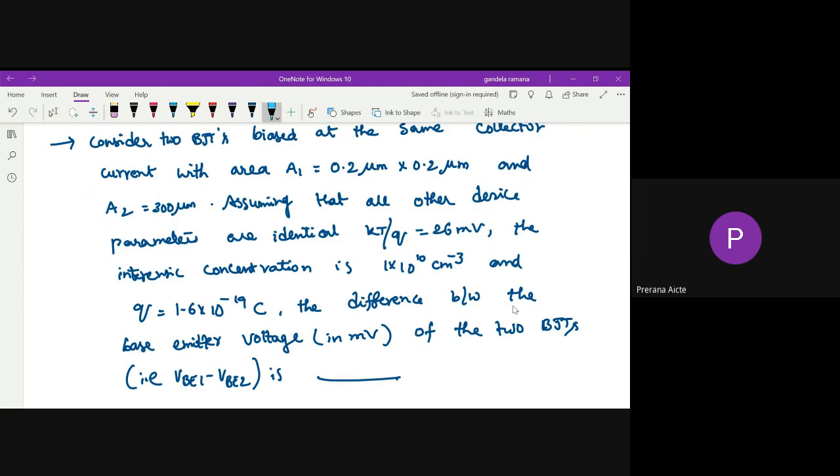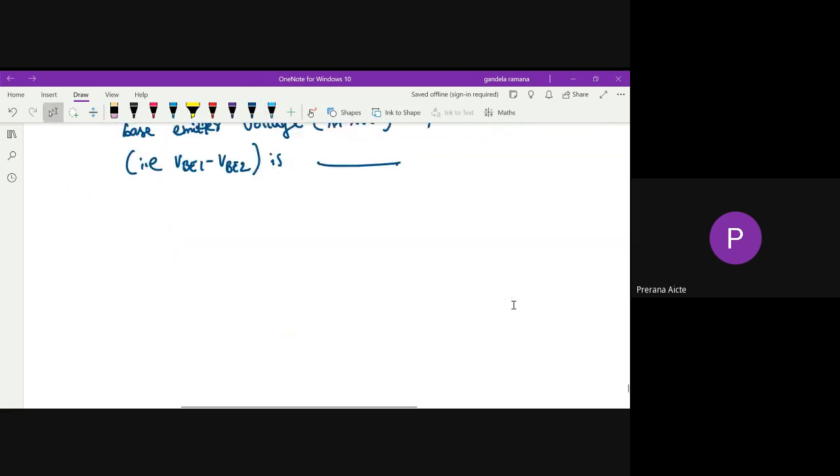So here the collector current with area. IC1 is equal to the saturation current into e power VBE1 upon VT, where eta is 1.